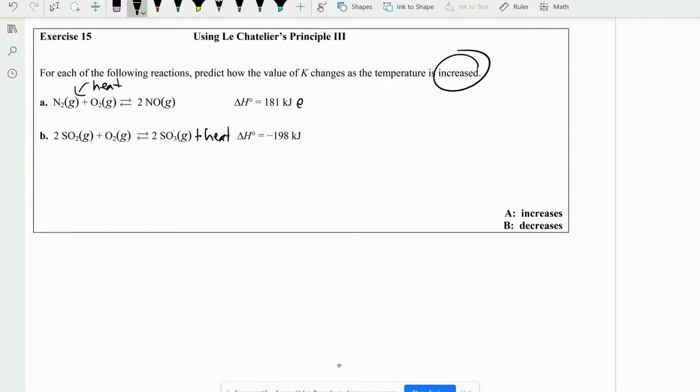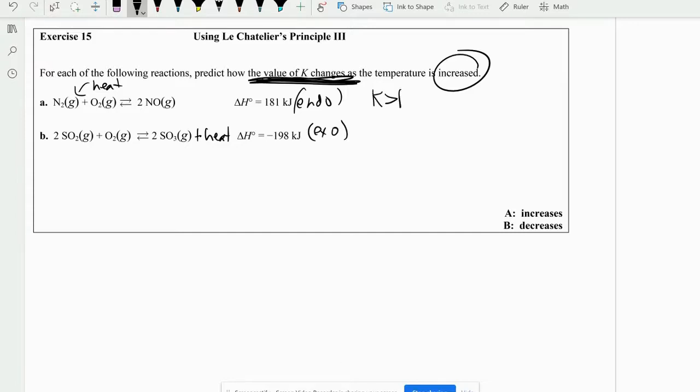Okay, so let's go ahead and take a look at A. Here, I'll label this for you too. This is endo, and this is exo. Take a look at this first one. Because the reaction is adding more heat, it's asking us what would happen to the value of K. I think for this one, K is going to be greater than 1.